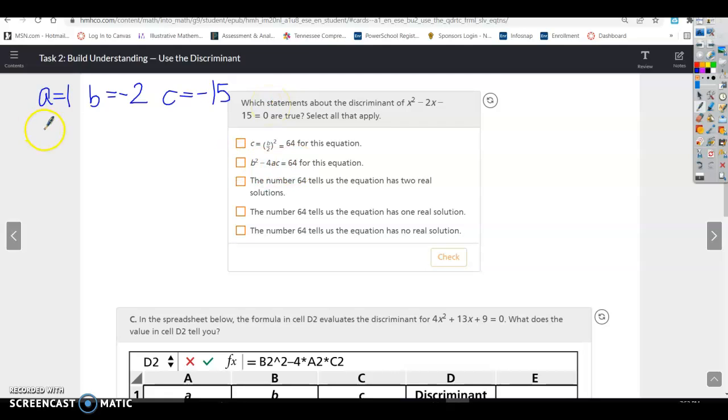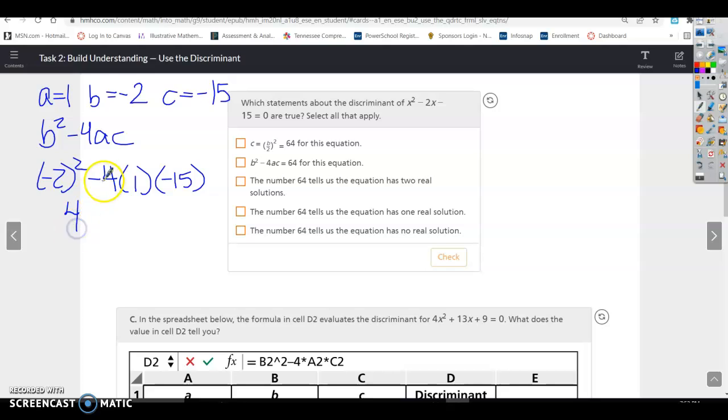Now we need to do the discriminant, b squared minus 4ac. I'm going to plug in my b, so I've got b squared. Remember, parentheses are important. And then plug in a and c as well. Negative 2 squared is 4. Negative 4 times negative 15 is plus 60, and that equals 64. So the second one is true.